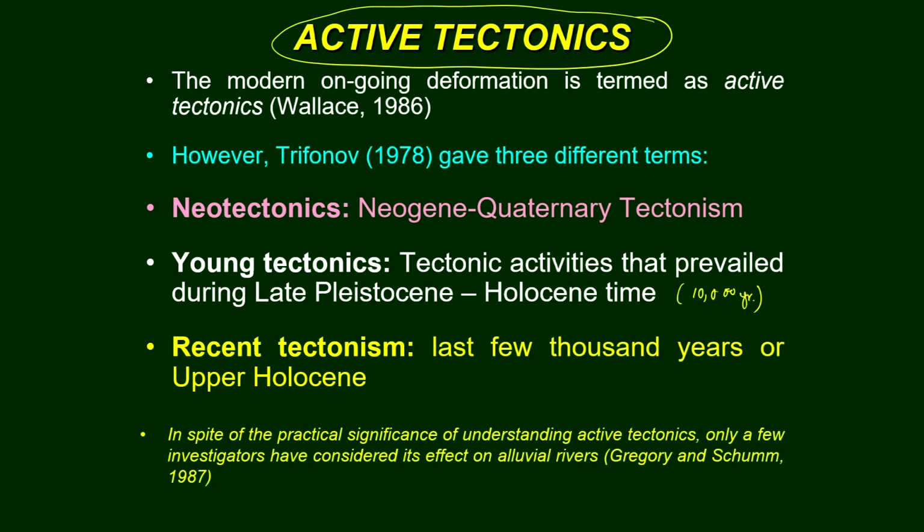In spite of the practical significance of understanding active tectonism, only a few investigators have considered its effect on alluvial rivers. Because it has been seen that active tectonics, whether you say young tectonics or recent, has shown significant manifestation of the ongoing deformation seen in the alluvial rivers.